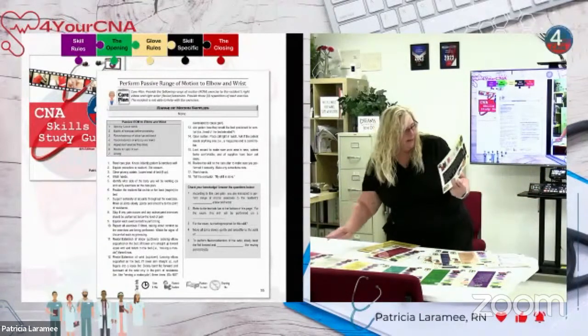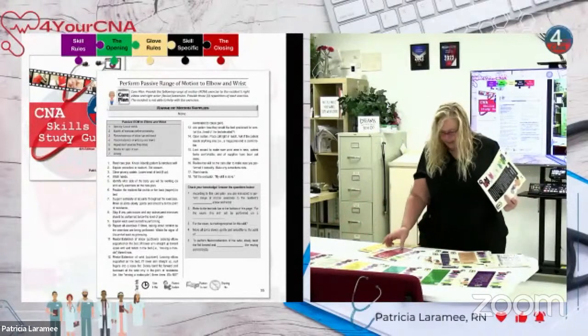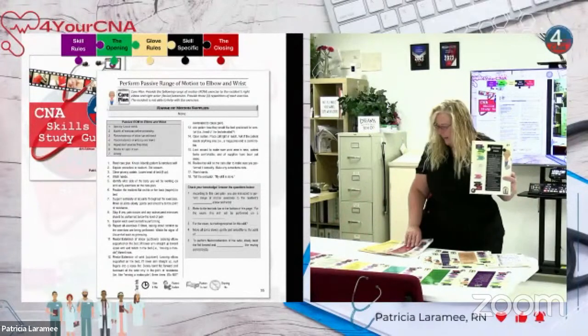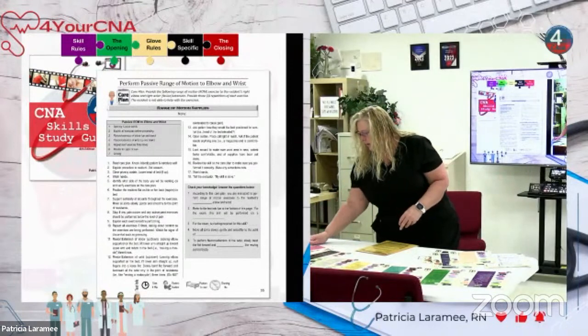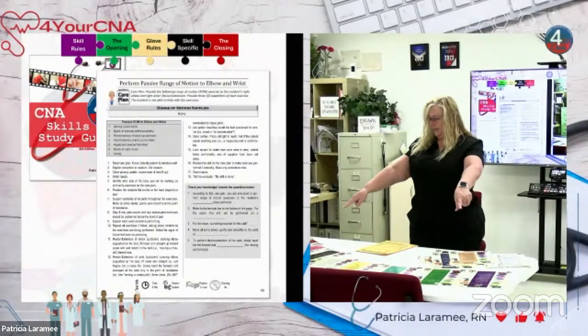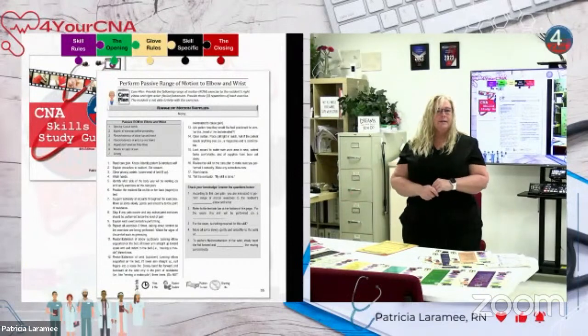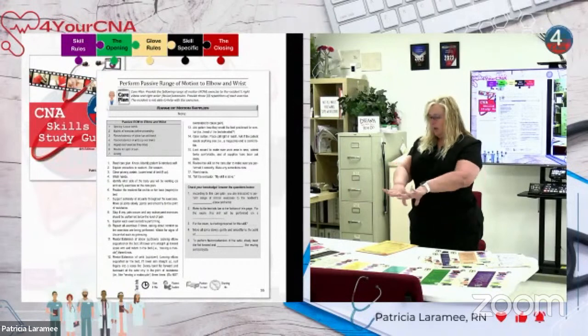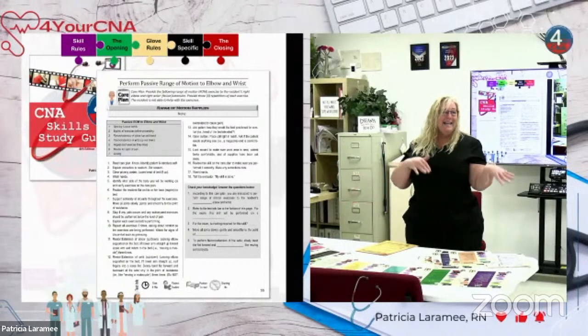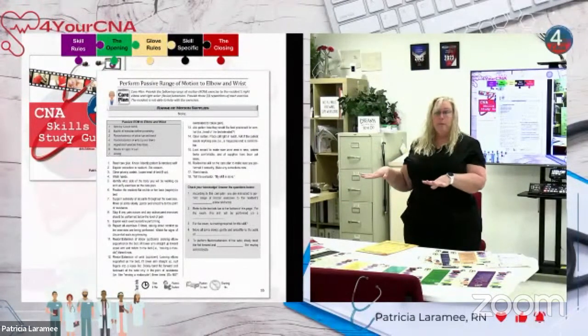Basin cleaning. Denture care, which is here, and the closing. So if I did this and looked at it, these are all of my checkpoints. Every checkpoint that I'm going to be graded on is right there in easy to look at format.